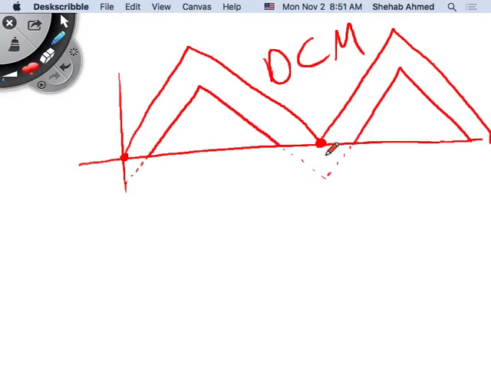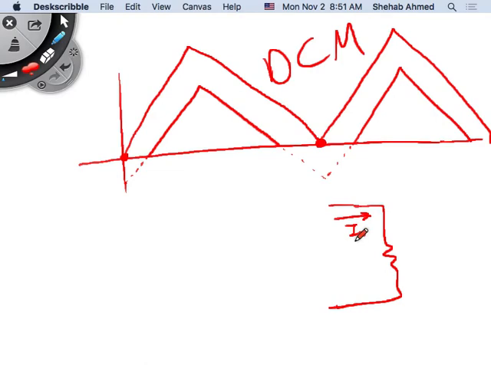If you want to make sure that you don't fall into discontinuous mode, and you are given your load, you have a certain load here at the output of your converter, and this load is consuming a certain average value, right?